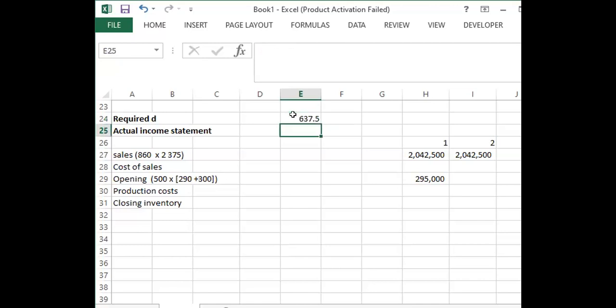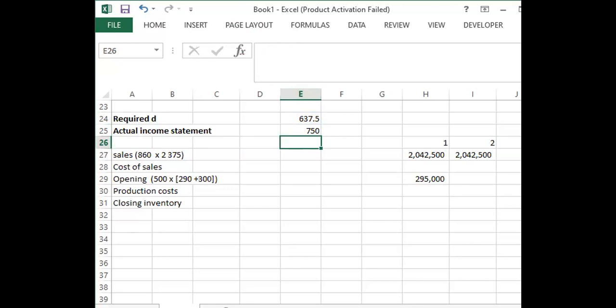Let's see what that gives us. That gives us 637.5. Let's see how it ends up getting to 750. So let's add this plus 112.5. It gets up to 750 when we do that, which is what is expected anyway.